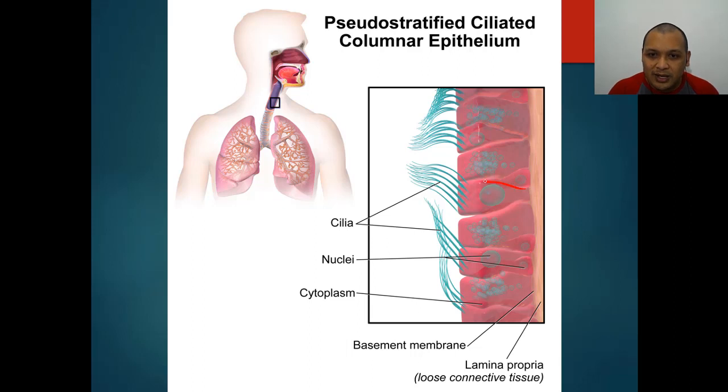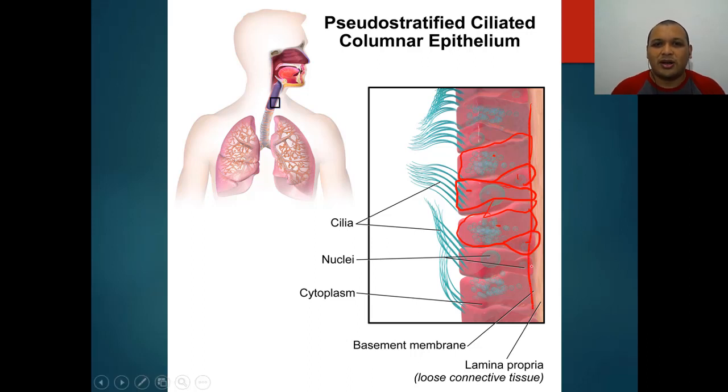This one is this long, and the other cell is only this. Long, short, long, short, but it's only one layer, even though it seems like stratified. Okay, I think this one is perfect.